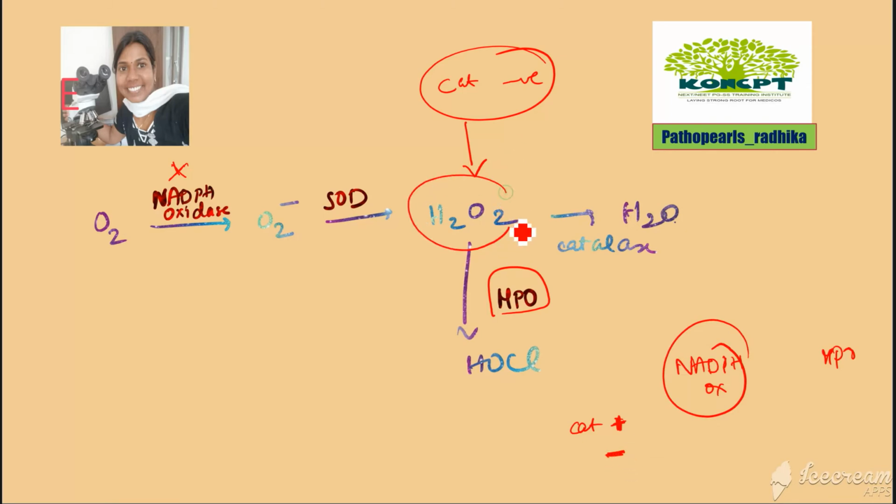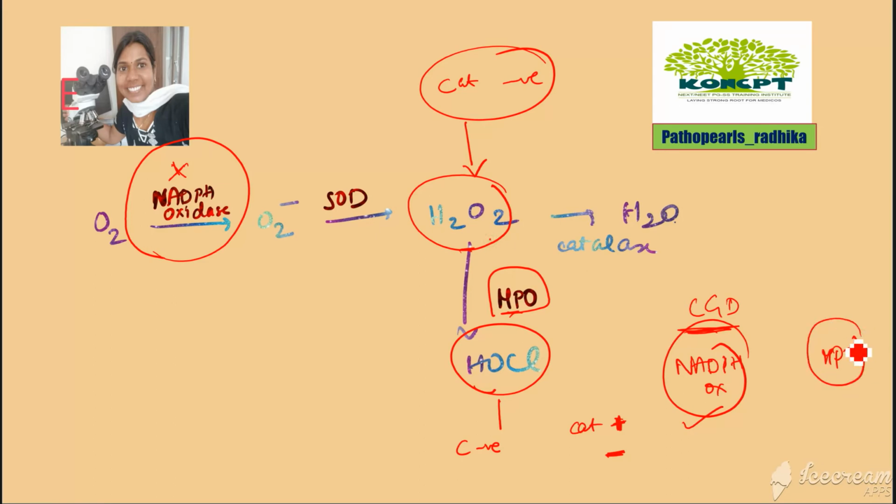This is going to produce hydrogen peroxide, and this can be converted by MPO into HOCl. So catalase negative organisms can be killed even though you have a deficiency of NADPH oxidase, as in chronic granulomatous disease. Patients with this enzyme deficiency are more prone to infection by catalase positive organisms, because catalase negative organisms can be killed since they generate hydrogen peroxide.